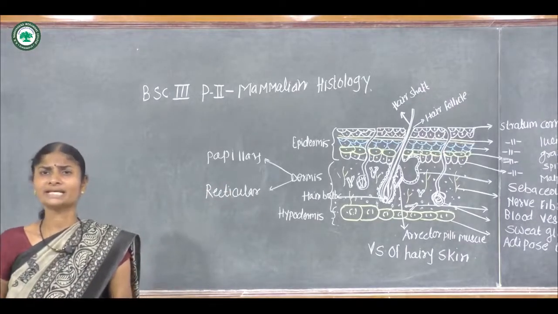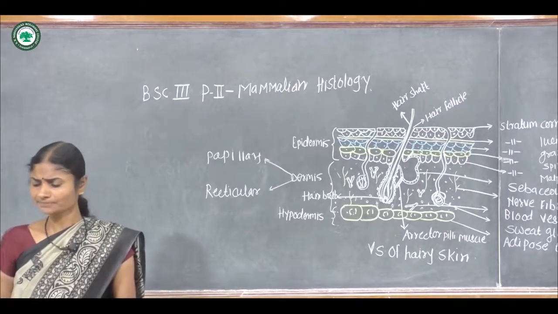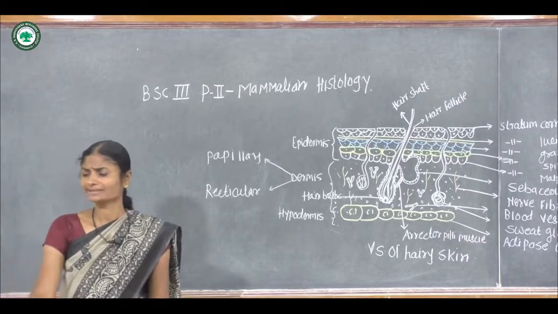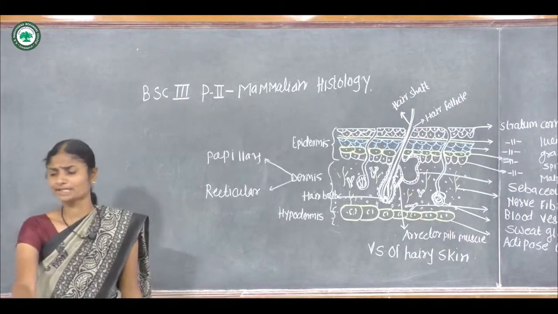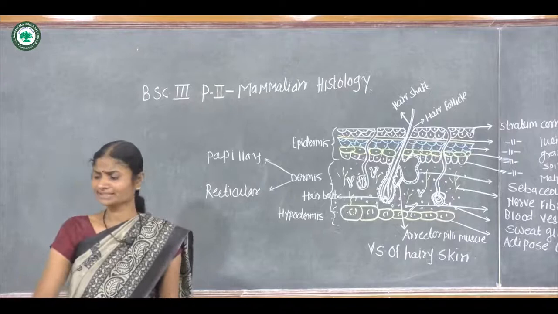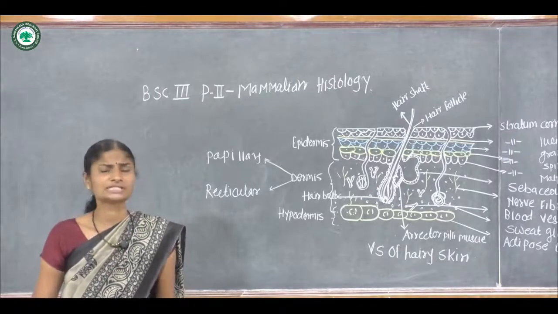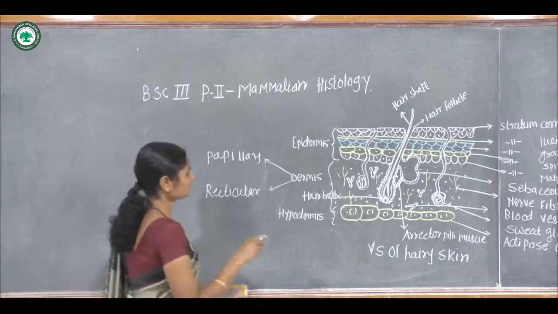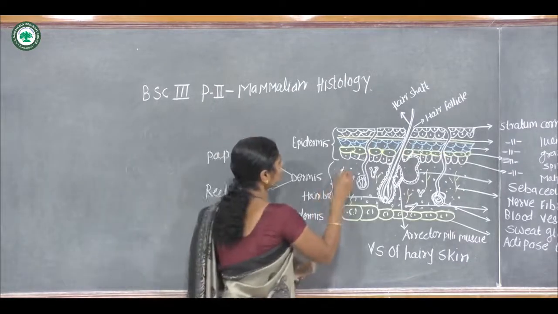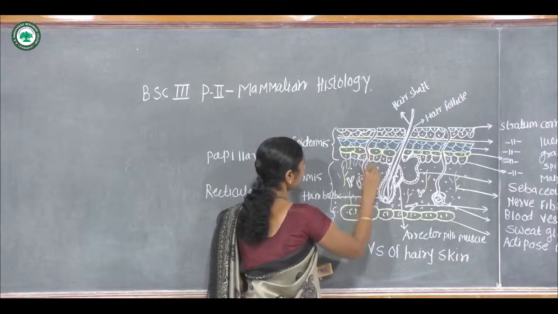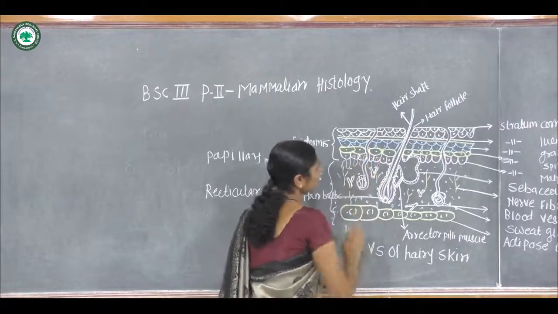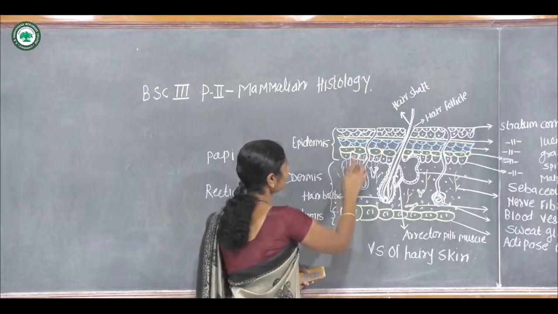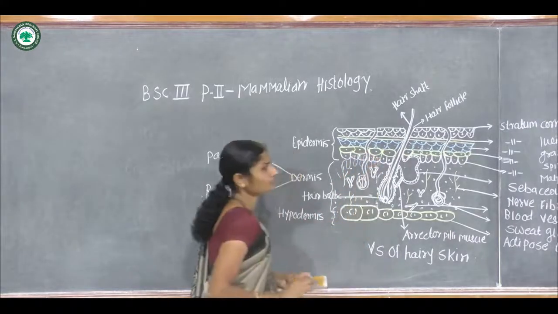This papillary layer mainly consists of connective tissue, and it has capillary networks, and this forms small dermal papillae projections. This dermis layer forms papillary projections extended towards the epidermis.